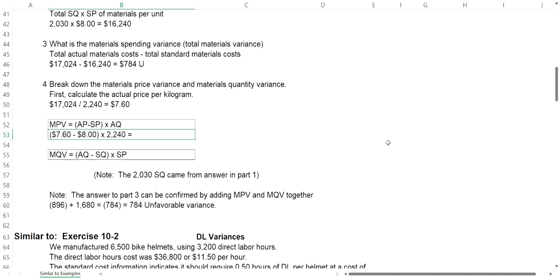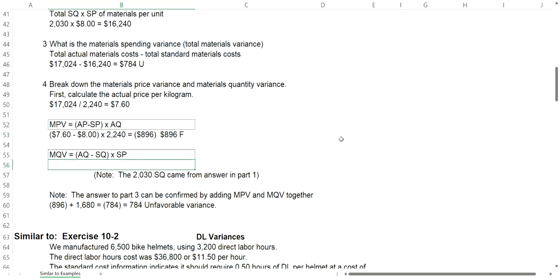So when I calculate this, I want to take 7.60 minus 8 first, giving me a negative 40 cents, times 2,240 gives me a negative 896. However, I want to express it in Connect as a regular 896 and then note it with an F as favorable. That represents that it was negative. So I would put this type of answer in Connect as a positive 896, but put favorable after it.